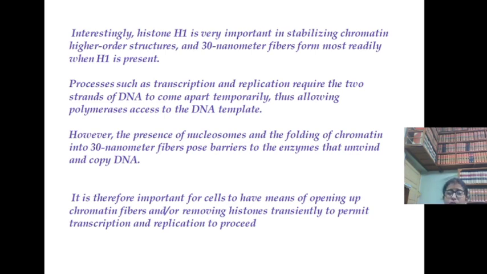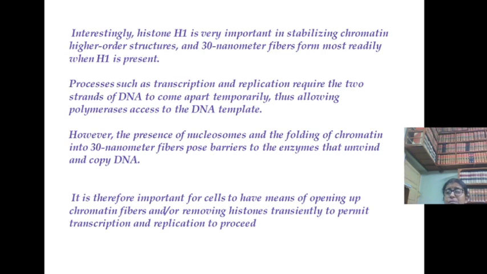You have gone through this process in your study, and you know that for transcription and replication you need the DNA to unwind, and it unwinds from the nucleosome structure. It does not unwind from the double helical structure. If it had unwound from the double helical structure, it would have been so much easier, but you have to open the packaging one by one.